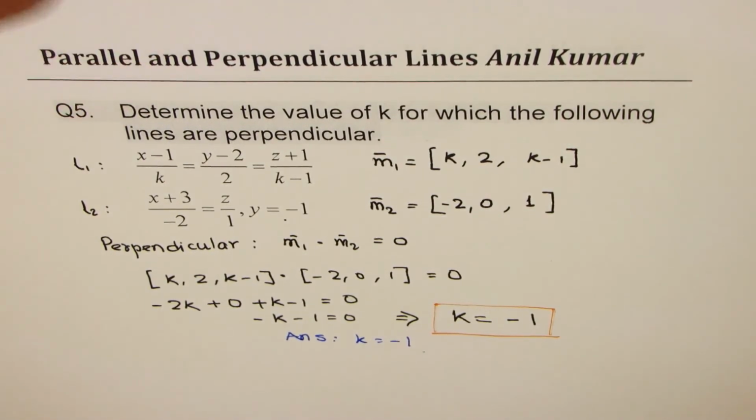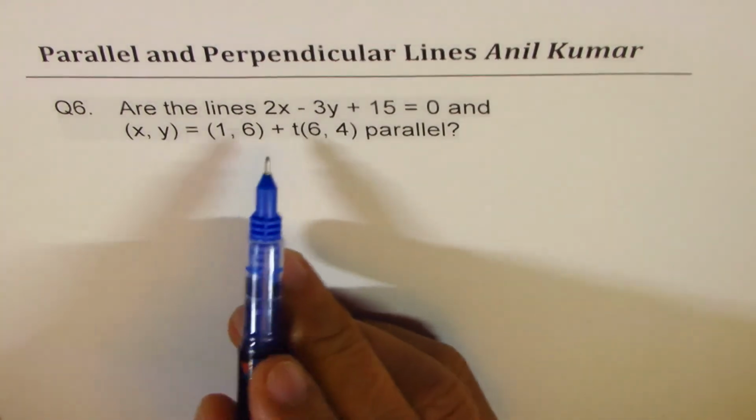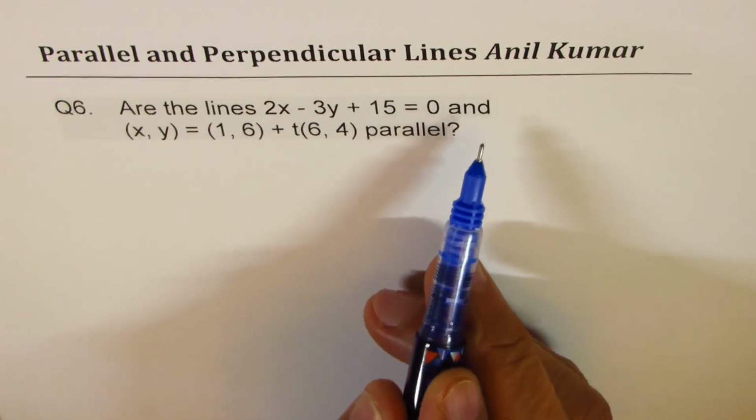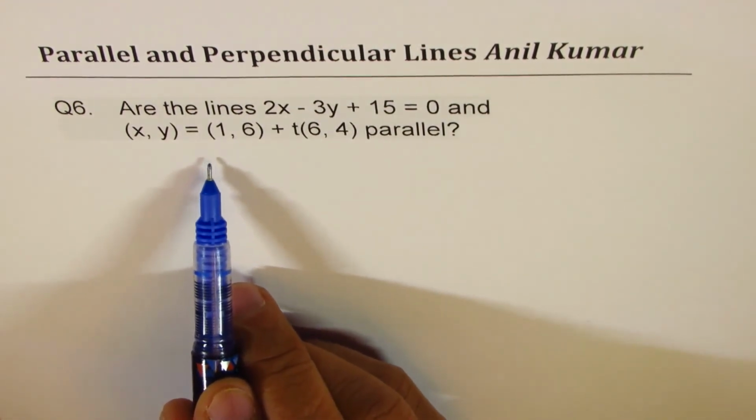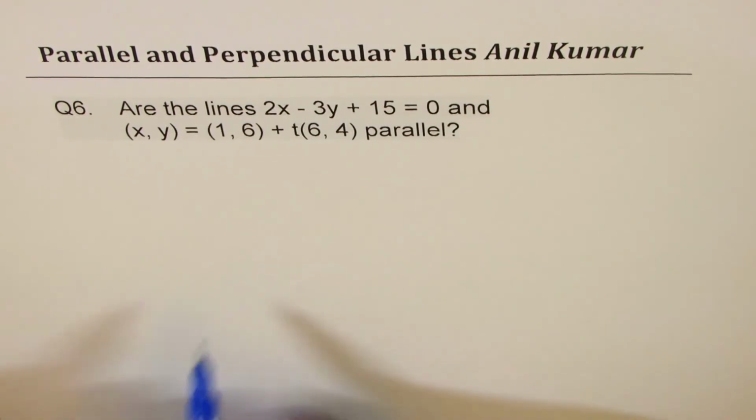I hope it is simple and very clear. Let's go to the last question, which is question number 6 in this particular set. Question number 6 here is, are the lines 2x minus 3y plus 15 equals 0 and (x, y) equals (1, 6) plus t times (6, 4) parallel?